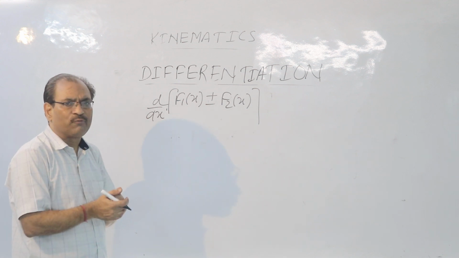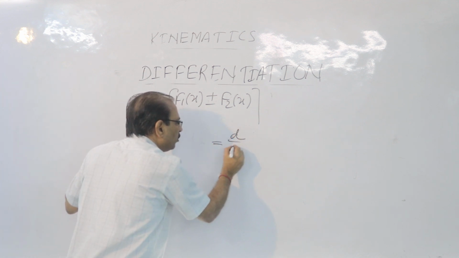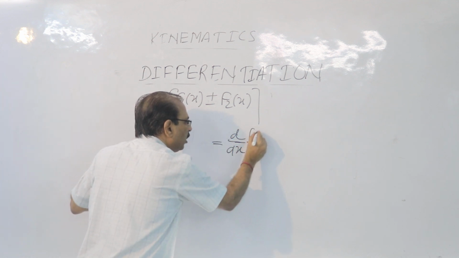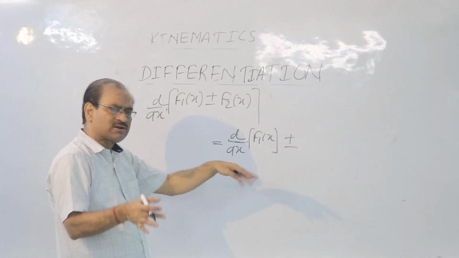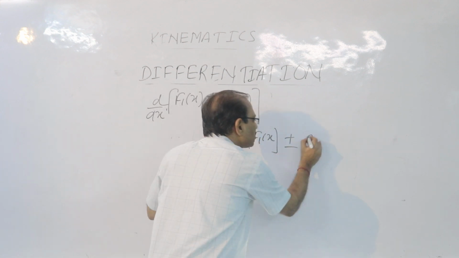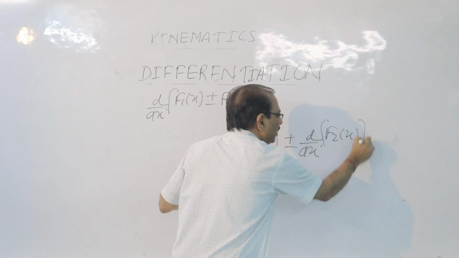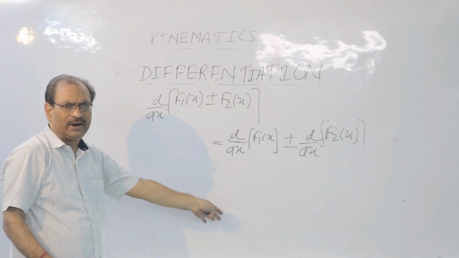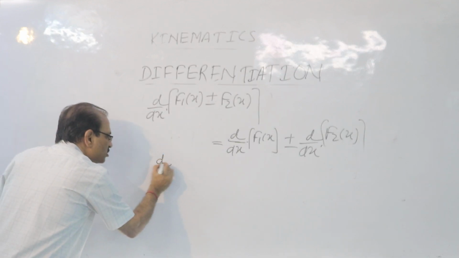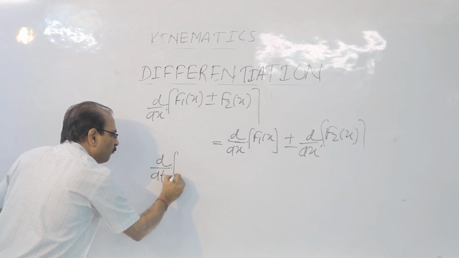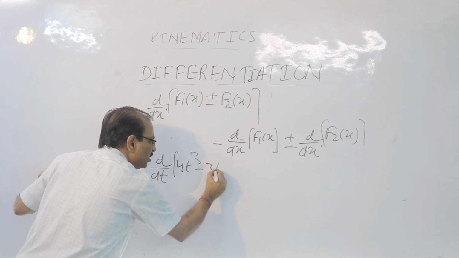How to solve this type of question? Children, this will be solved as d upon dx of f1(x) plus or minus, if it is plus, it will be plus, if it is minus, it will be minus forever, d upon dx of f2(x). Then we will proceed further. We will apply the formula and all. I take one example to make it clear. Suppose you are given d upon dt of 4t cube minus 3t square.